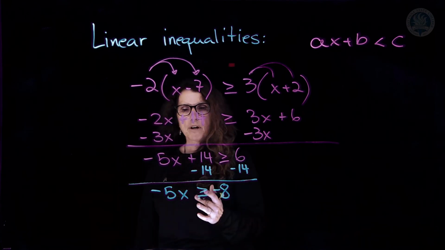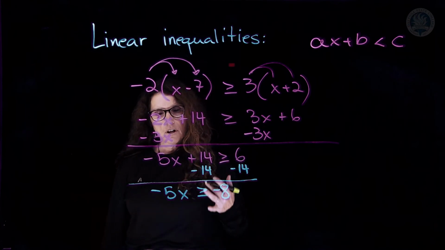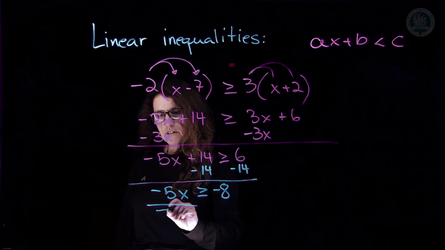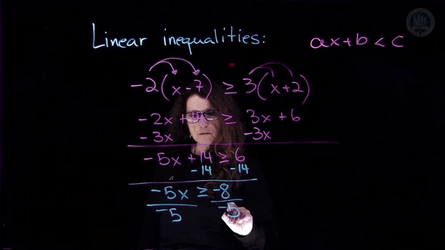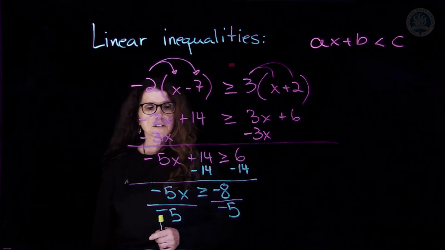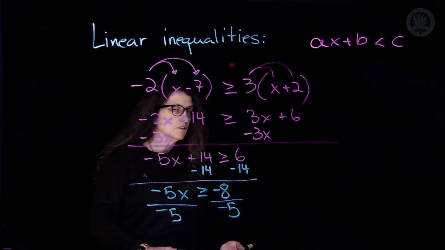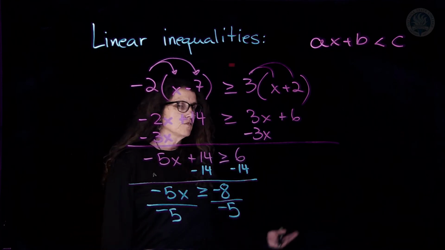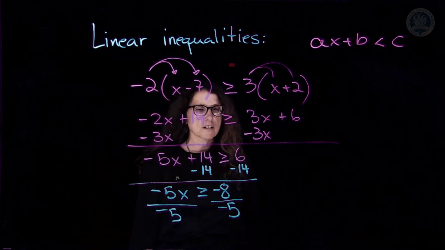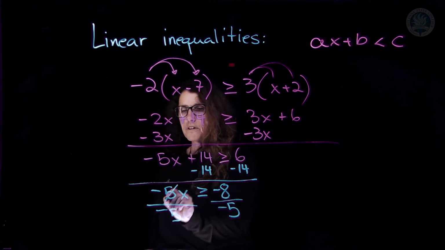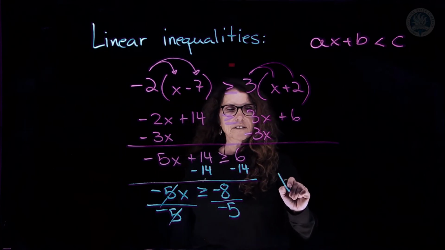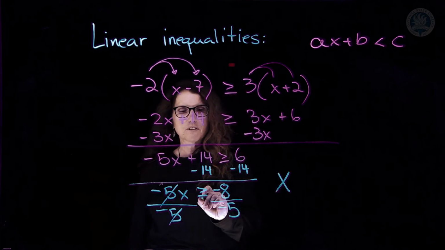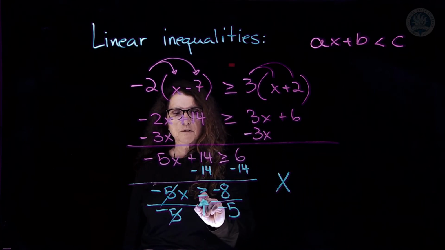Now, to get x by itself, and here you go, pay attention. We're dividing by a negative number. Every time you divide an inequality by a negative number, what happens? You're reversing and going in the other direction. So that means negative 5 divided by negative 5 is 1x. X, now we reverse the inequality symbol.